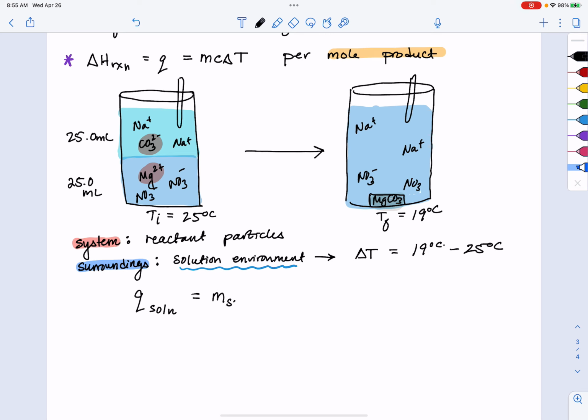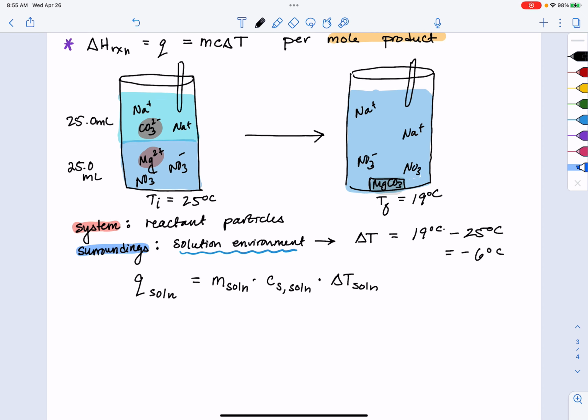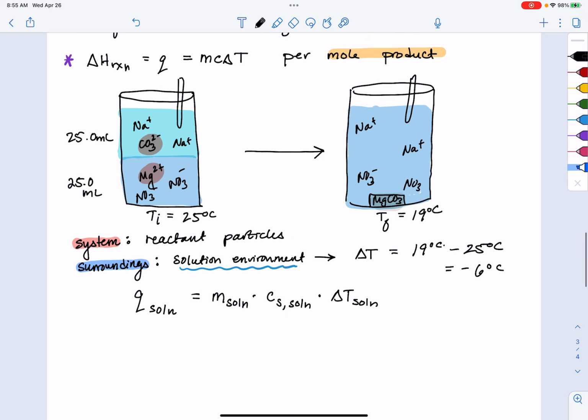This must be the mass of the solution times the specific heat capacity of the solution times delta T solution. And I know the temperature change of my solution, right? I already have that over here. This is -6 degrees C. So that means that I need to find the mass of my solution and also the specific heat capacity of my solution.